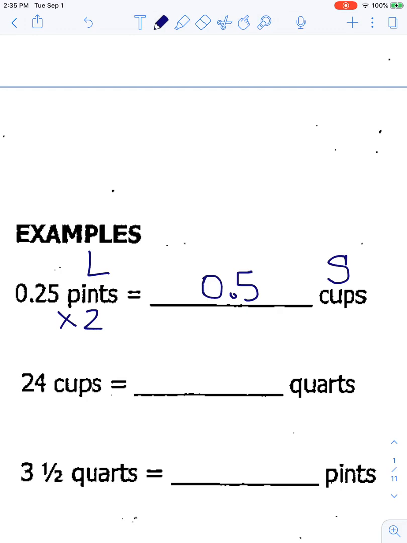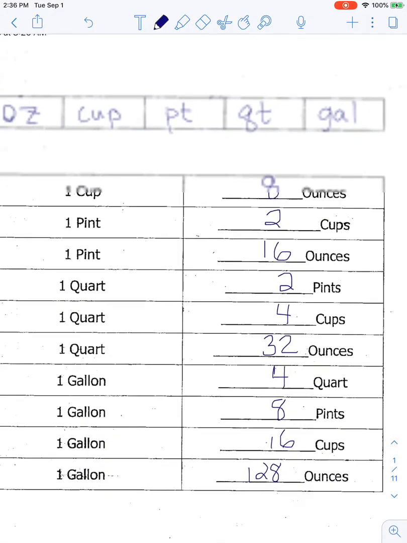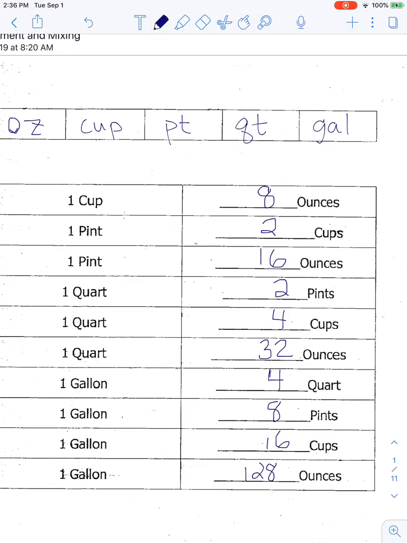All right, let's look at another example. The next example here, cups are smaller than quarts. So this time we're going small to large, which is division. And we have cups and quarts. So we got to go back to the chart here and find cups and quarts.